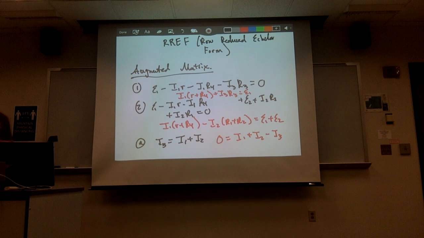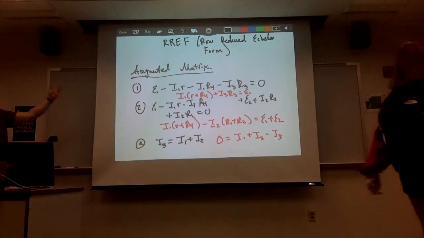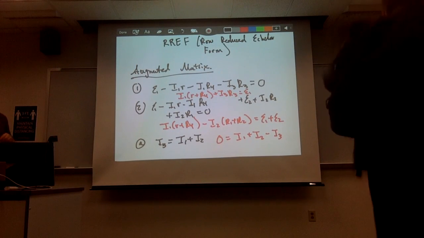Do we have to solve for resistances? I'm sorry? You could, so for example, I could give you one of the currents and not the other 2 currents, and not one of the resistors, and then ask you what the 2 currents and the resistor are. So as long as I have any 3 unknowns, we're going to be able to use the matrix solver.